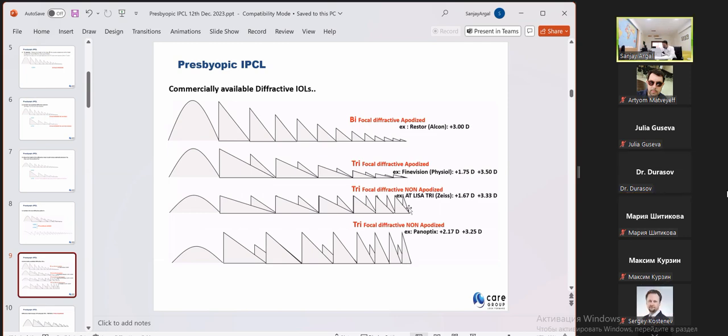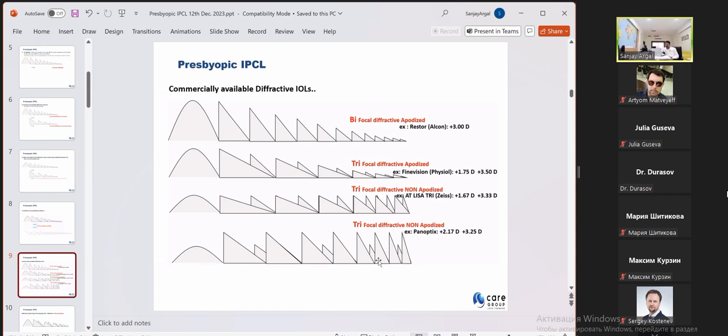Next is the AT LISA from Zeiss. And the last one is the Panoptix from Alcon.